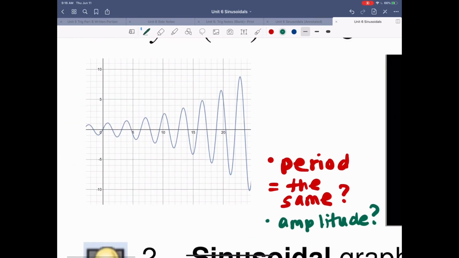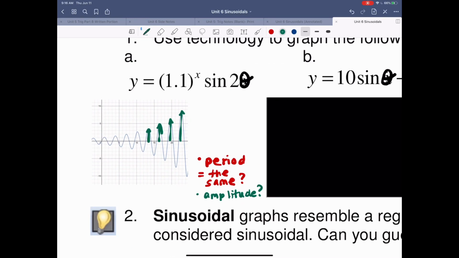For this graph, when we look at all the amplitudes, we're noticing that it goes up. Oh, sorry, that's not the amplitude. Amplitude is actually just halfway, so halfway with respect to the axis. The amplitude is changing every time, and therefore we're going to say it's not periodic.